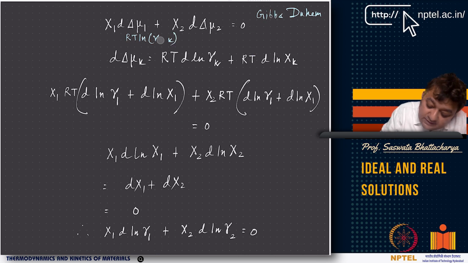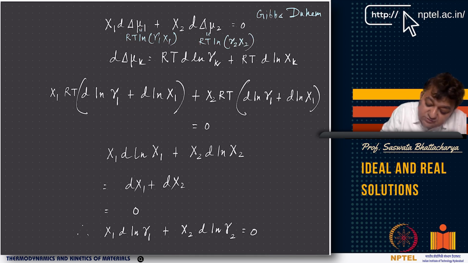Here it will be RT ln gamma 1 x1, and this guy is equal to RT ln gamma 2 x2.